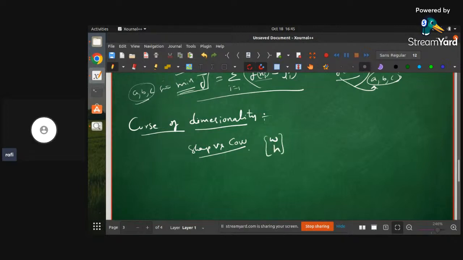Our data point x here is two dimensional, a 2 cross 1 vector, which is w and h. With this, we felt it is sufficient to classify sheep versus cow.